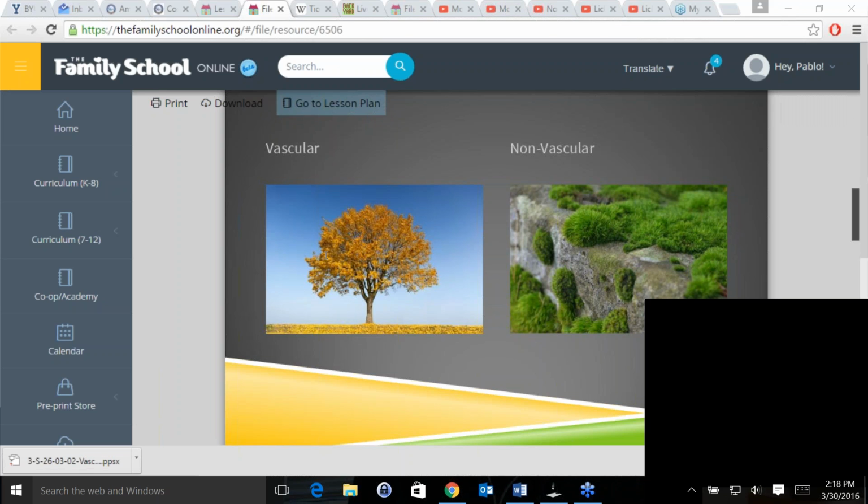How about the amount of water? What happens with vascular plants? What do we see in this tree, for example? What do we see in this particular image of the tree?